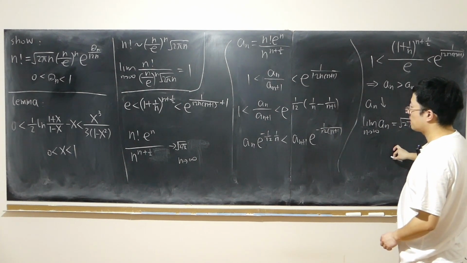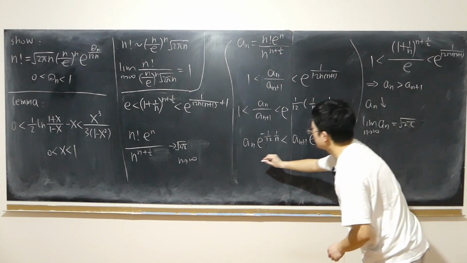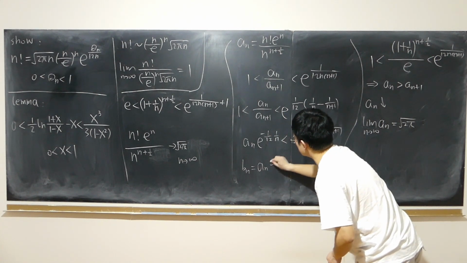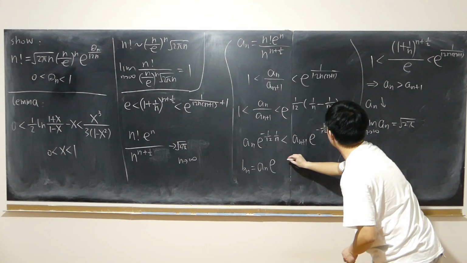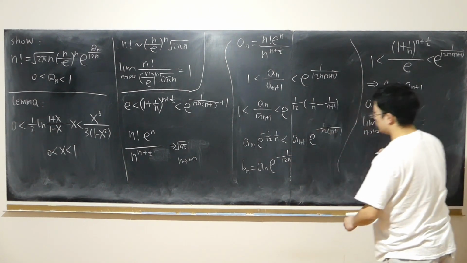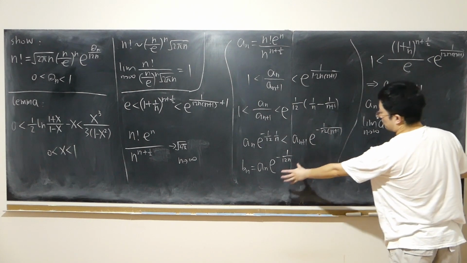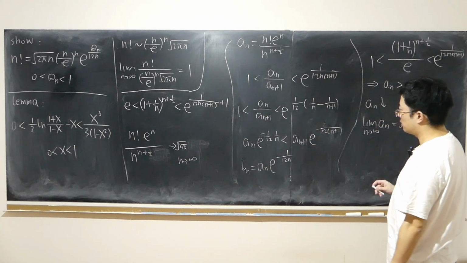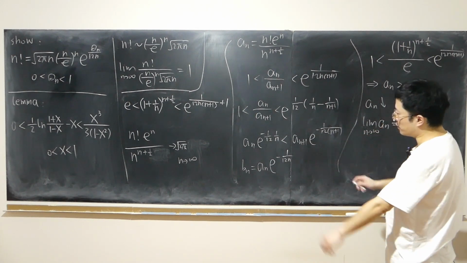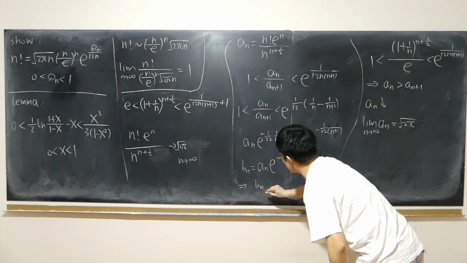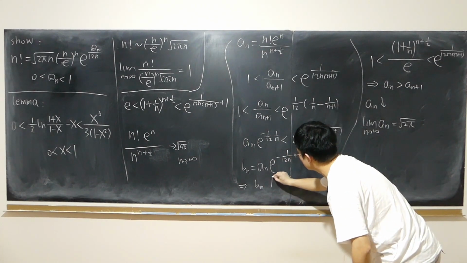So if I set bn equal to an times e to the power of negative 1 over 12 times n, this part will become just bn plus 1. Which means bn, as a sequence, is really increasing.